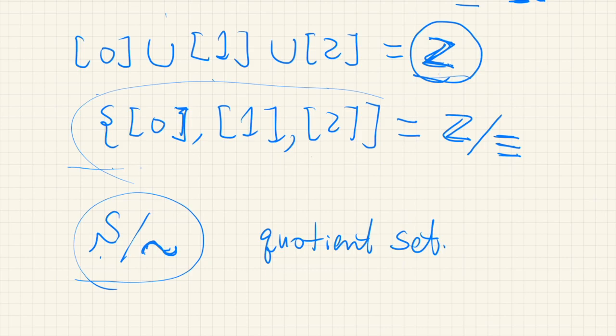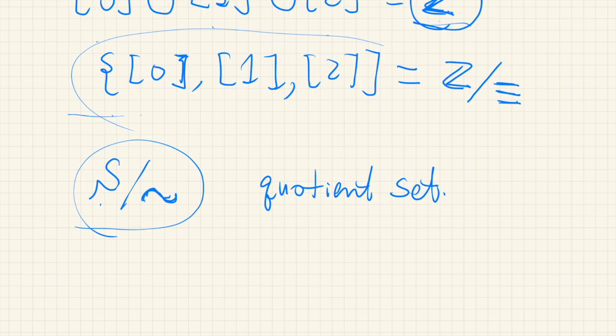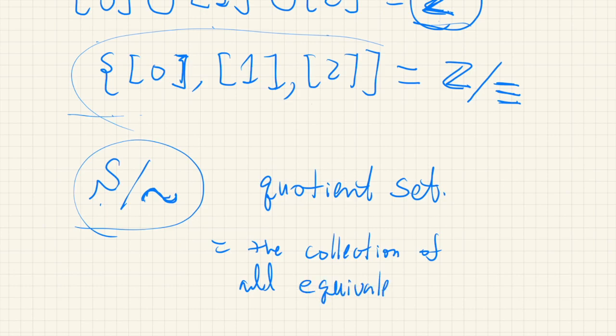So in short, a quotient set like this one is the collection of all equivalence classes by this equivalence relation, tilde.